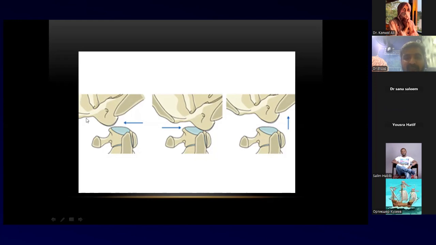C1 is at the same joint. Look here. This is anteriorly displaced. It is posteriorly displaced. In this one, C1 is at the same place, and this is vertically placed above. It has gone above. So there are three types: anterior displacement of the occiput, posterior displacement, and vertical displacement, that is called longitudinal displacement.